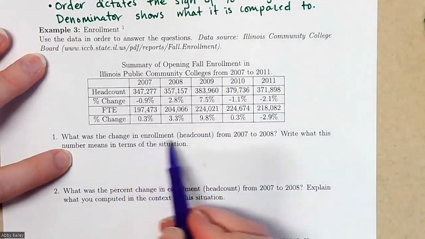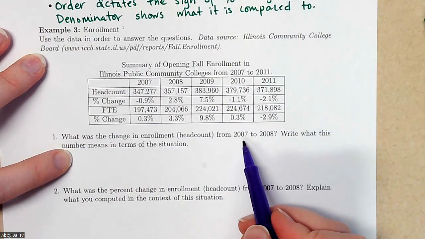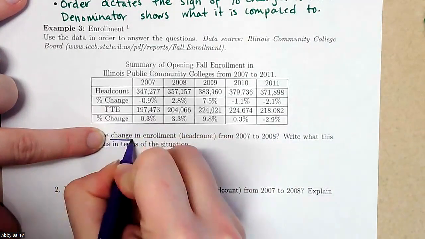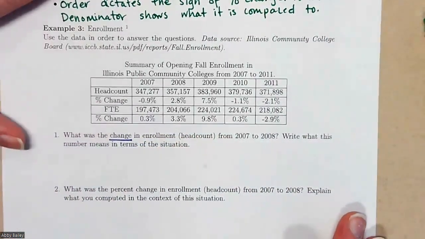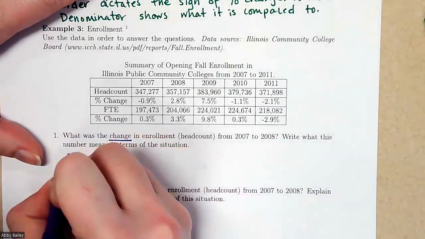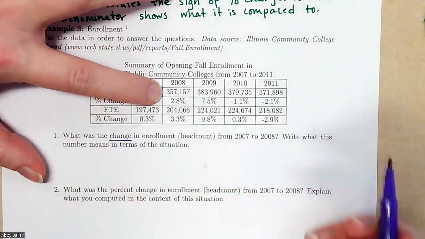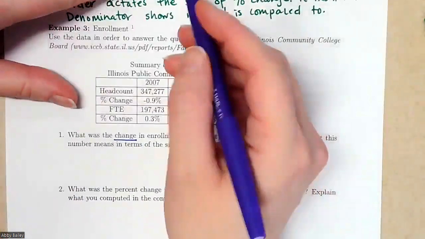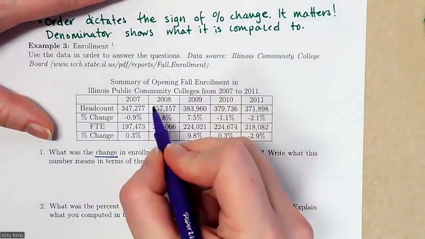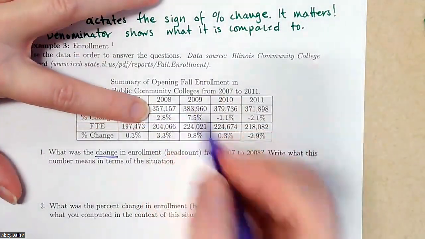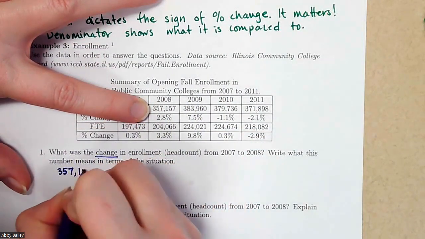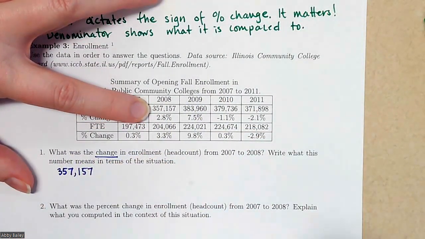What was the change in enrollment or headcount from 2007 to 2008? This just says change. So when I think about change, it does not say percent change. So that means this is the change, the end amount minus how it began. So let's see. This is what it was in 2008, 357,157.